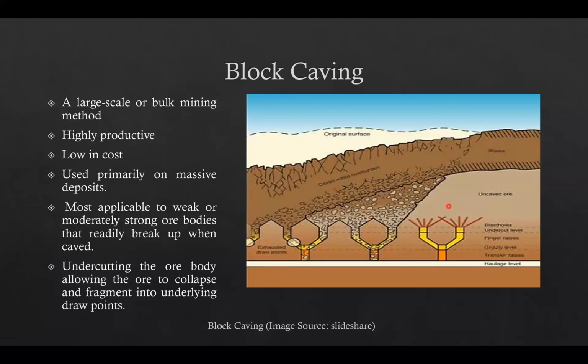It is weak, so it starts caving also, and it comes down, and we extract it using these draw points, while this waste material is left behind. Block caving is low cost as compared to the sub-level caving.